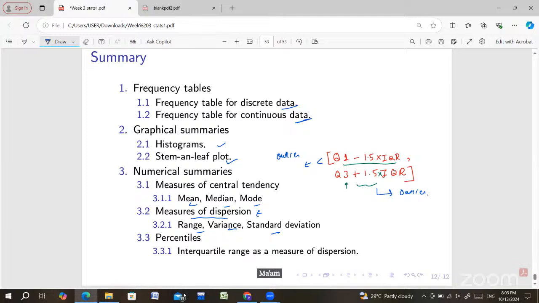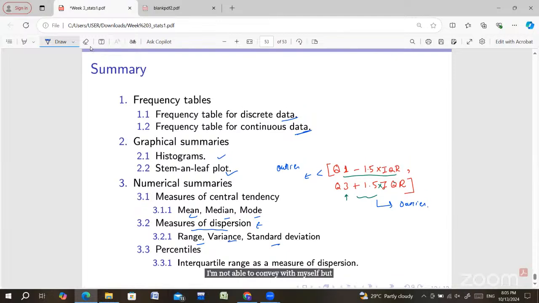Ma'am, suppose there are only 4 data points available, and if I want to calculate the quartile, then one data point will lie in the first quartile, Q1, and the next 2 data points will lie in Q1 and Q2. I'm not able to convey the message, but have you got the essence? So you have only 4 data points. We will find out the values and then you can conclude.